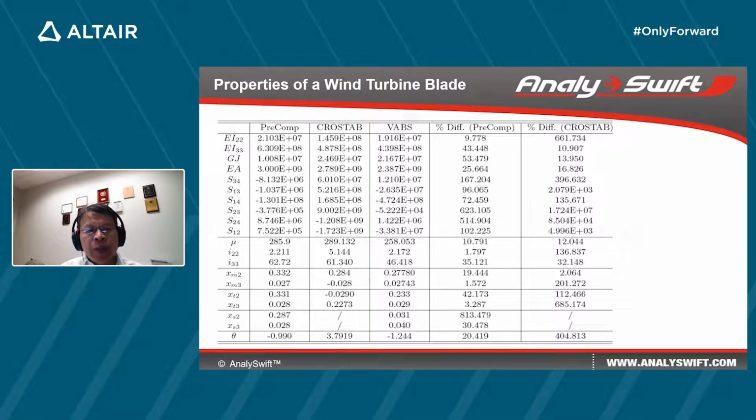We found that particularly for the elastic couplings, the other tools are not predictive, even qualitatively. But VABS consistently provided accuracy as if you were modeling it using 3D FEA.